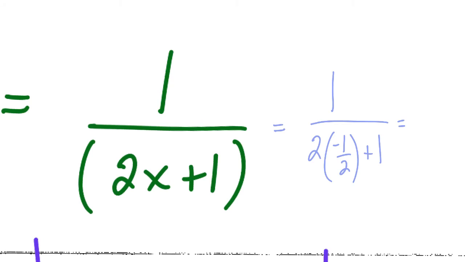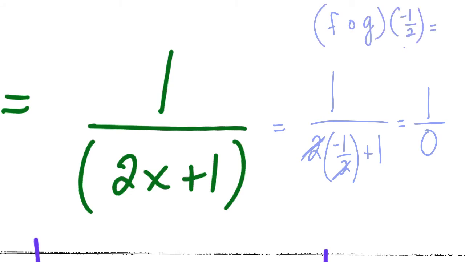And what happens with my 2 and 2? And I know that 1 over negative 1 plus 1 is, so what would the answer to f of g of negative 1/2 be? What would it be? Undefined. Remember, you can never have 0 in the denominator.